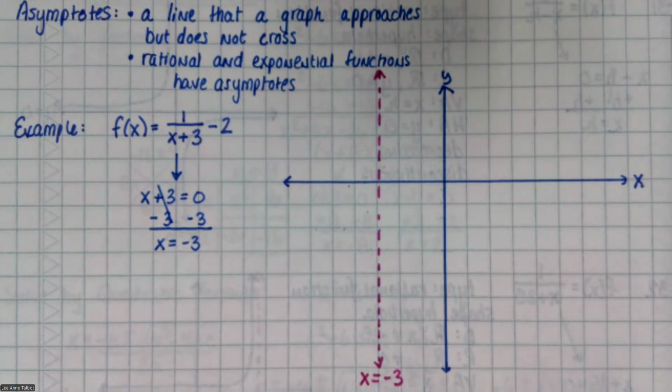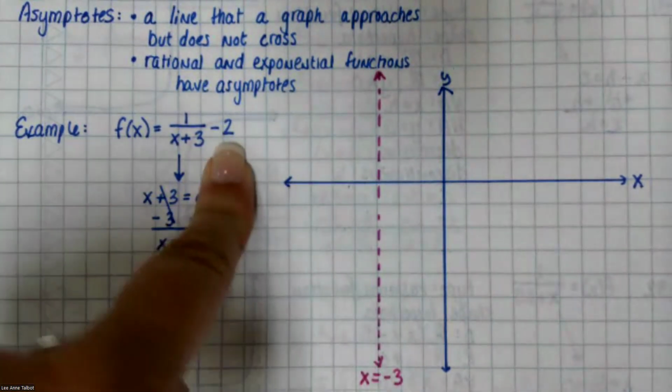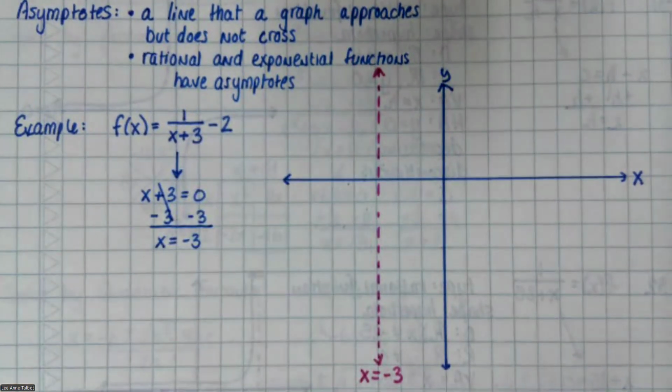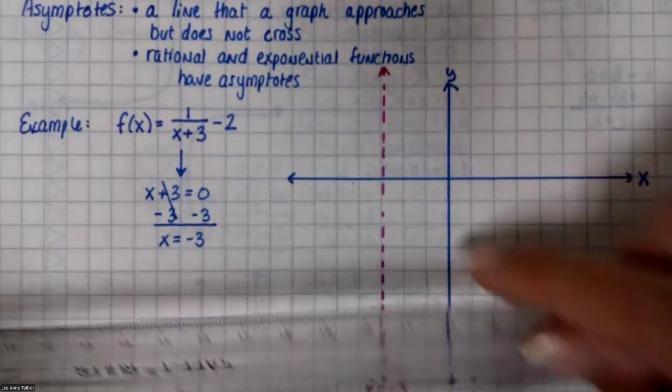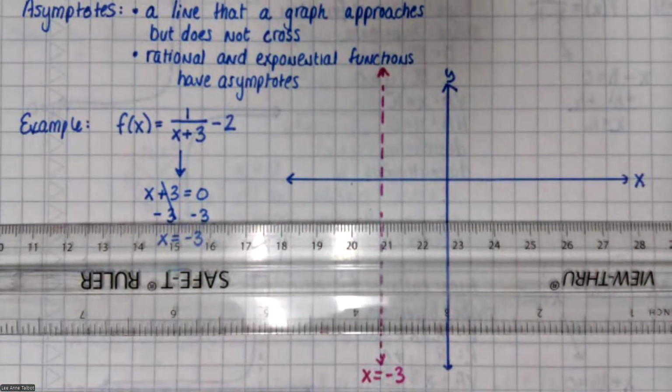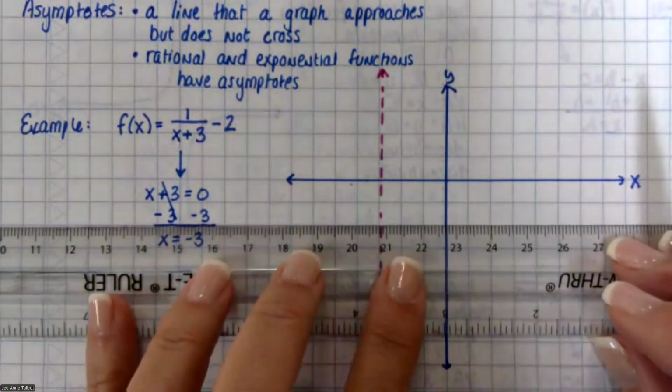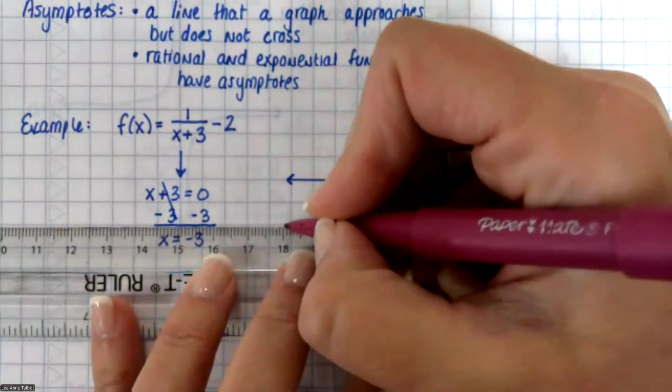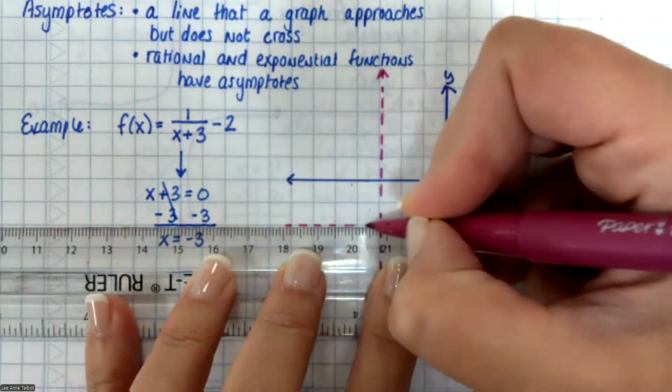Okay, now this one's different. This means there's a shift down 2 units for the whole graph. So my horizontal asymptote's not going to be at 0. It's going to be at -2. Oh, I think I remember that last year a little bit.